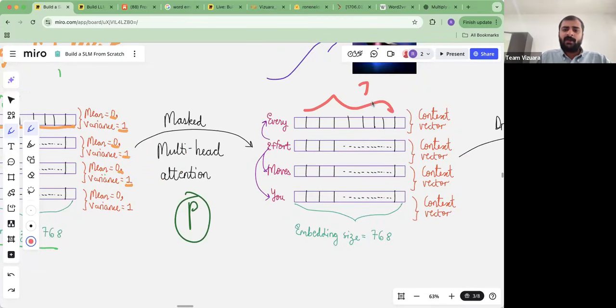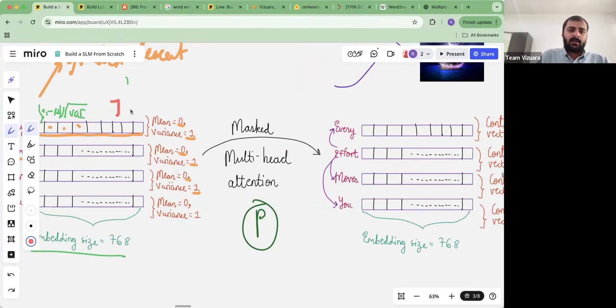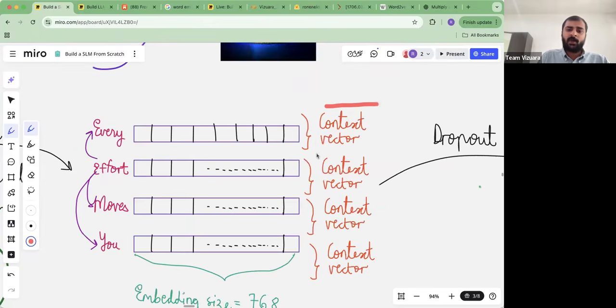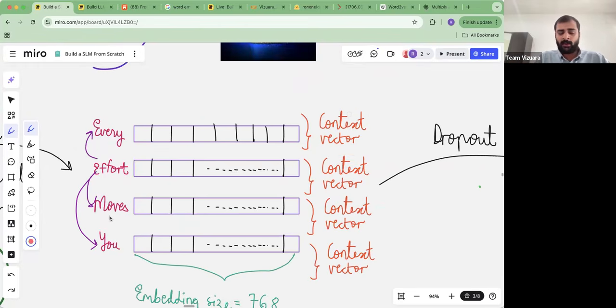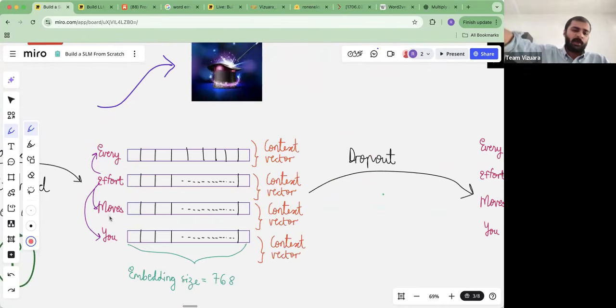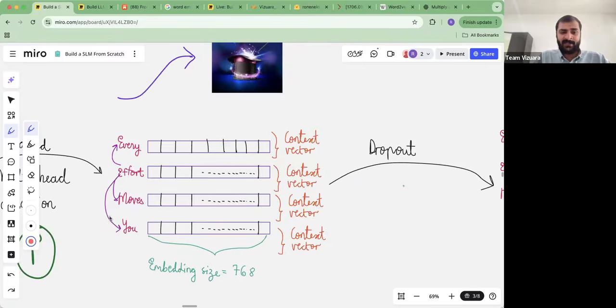But now, instead of being called an input vector, we call each vector a context vector, because now these 768 values also contain information of effort, moves, and you. You might be thinking, how is this information added to this vector? That's the whole beauty of the attention mechanism. We are going to look at that because that's a whole separate thing in and of itself.